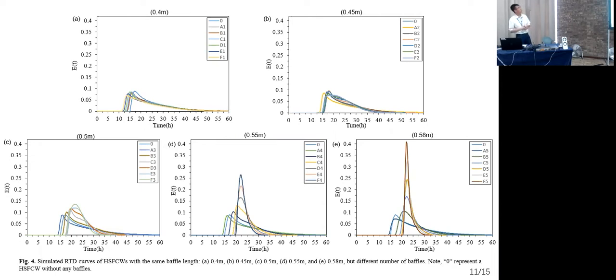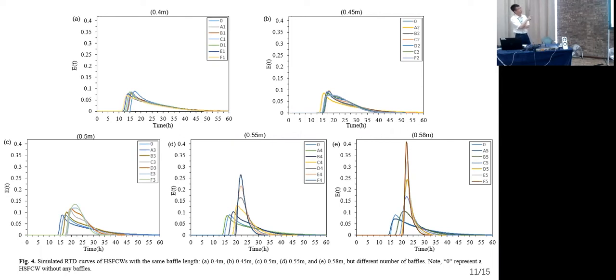And if you look at Figures A and B, when the baffle length is 0.4 and 0.45 meters, as the baffle amount increases, the RTD curves almost keep unchanged. And there is a slight change in the case the baffle length is 0.5.